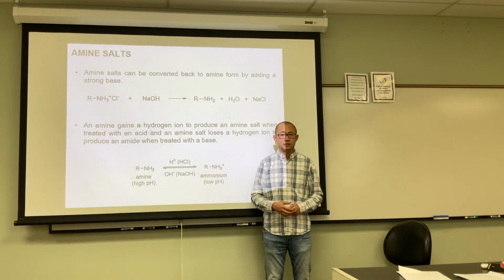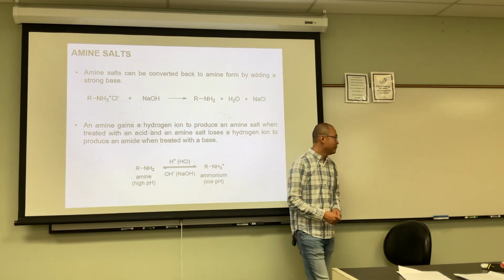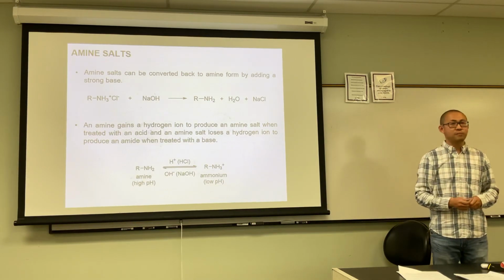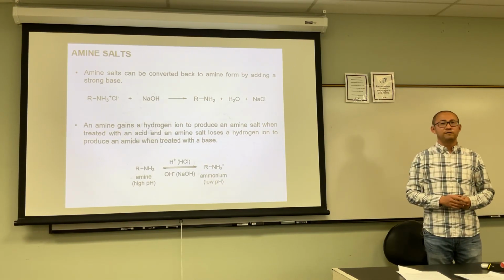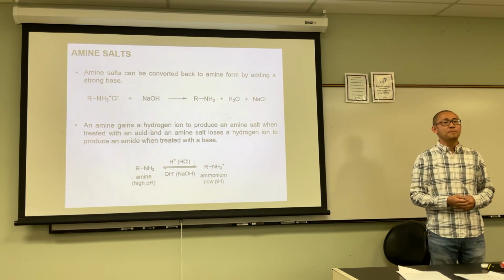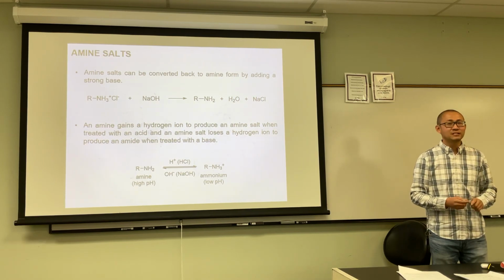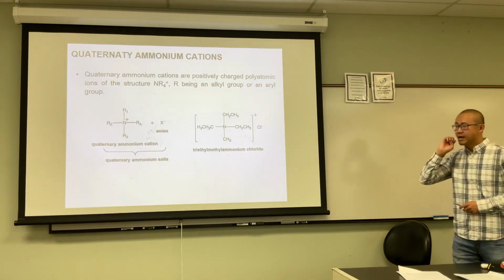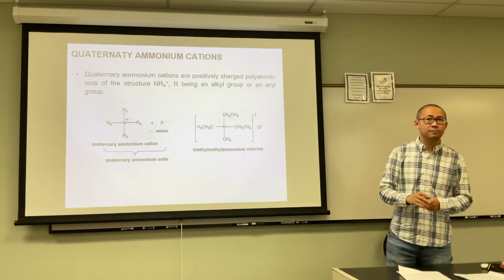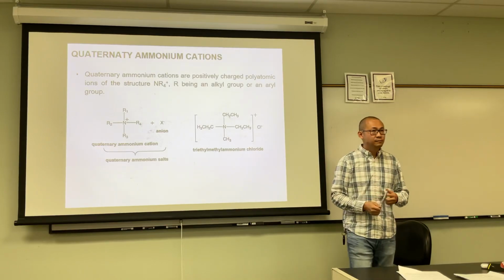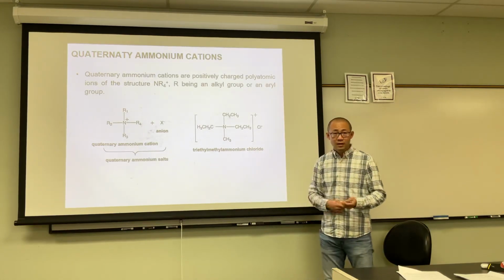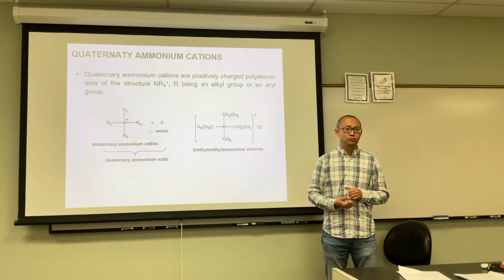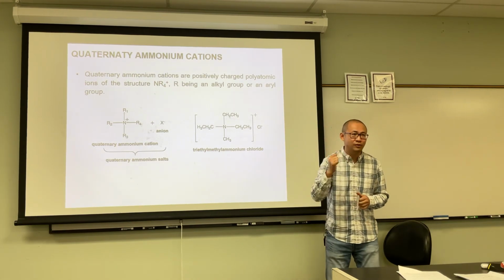All right, so that's the first part, the first part of amines are basic. Questions? Okay, next. A small part following the first part is I want to introduce you to a new type of ammonium ion, which is different from something we have just learned so far.